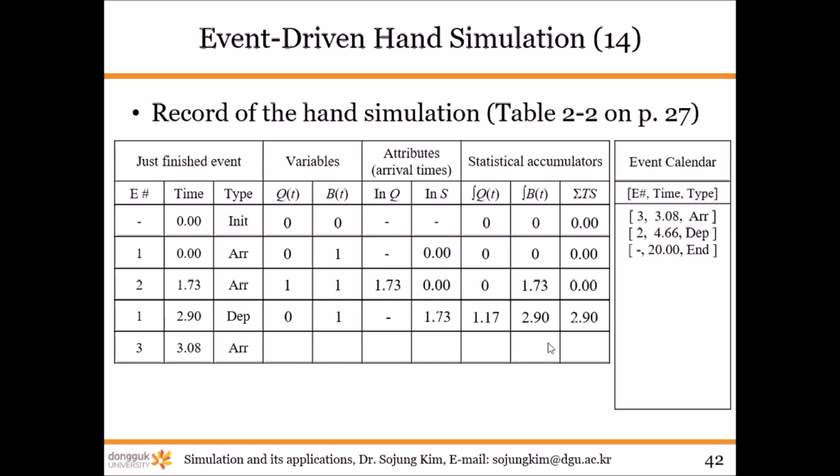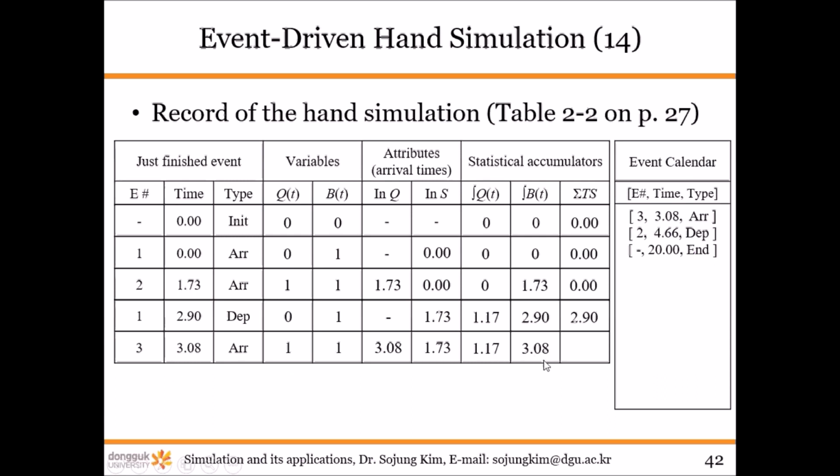Okay, third one, there was a third entity arrival at 3.08. So Qt becomes 1 again, and the BT is still 1, and 3.08 is the arrival time of the third entity. The 1.73 is the arrival time of the second entity, and 1.17 is still the Qt value because it's been 0 for this amount of time, right? So this integration of Qt is still the same. However, the server has been busy for 3.08 minutes.